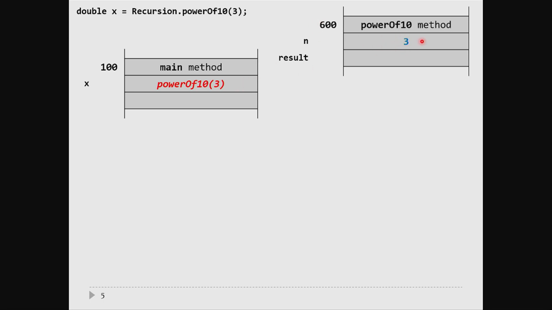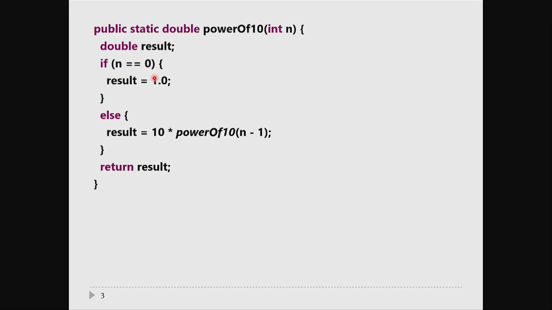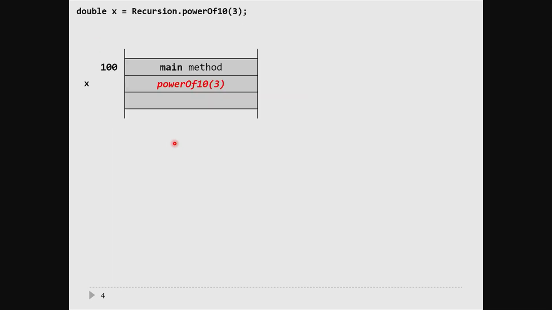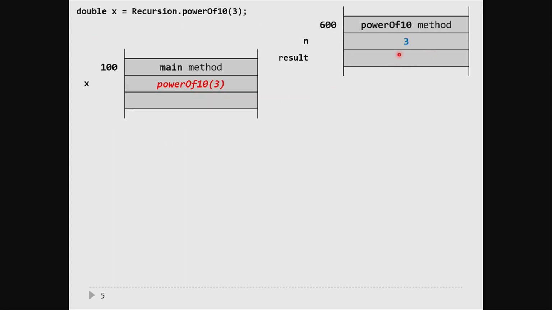When I call power of 10 the first time, n is 3. Then the method checks the base case and goes to the recursive case. The recursive case says the result is 10 times power of 10, n minus 1, which is a recursive call to power of 10.